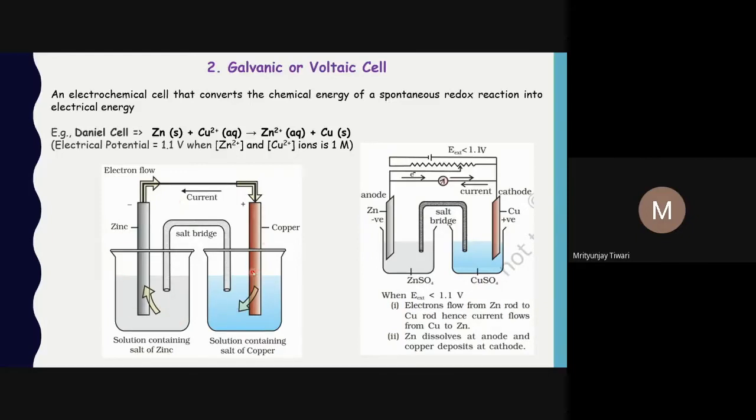And in the cathode, in the Daniell cell, which is an example of a galvanic or voltaic cell, copper metal is used as the cathode, and the electrolyte solution would be a solution of Cu2+, which might be copper sulfate. And these two electrolyte solutions are joined together by a salt bridge. What is the importance of the salt bridge, we'll see later.